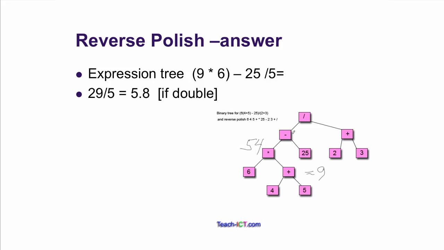And then we have a subtraction, and 54 minus 25, that's going to be the node value 29. And then on the other side of the tree, we have an addition node, 2 plus 3, so that's 5. And ultimately, we divide 29 by 5, and we have 5.8.